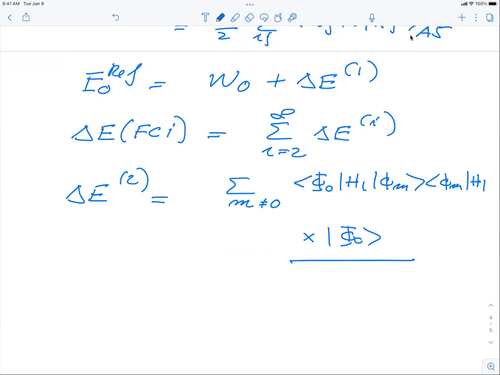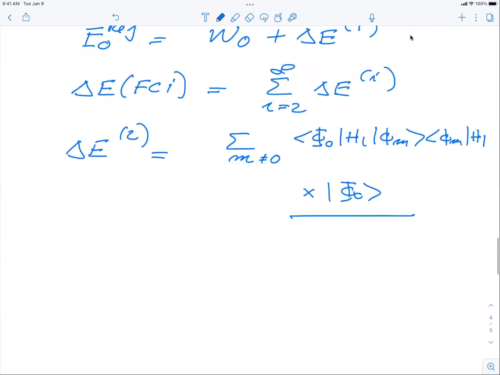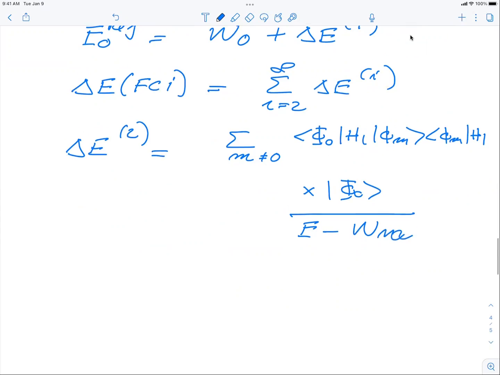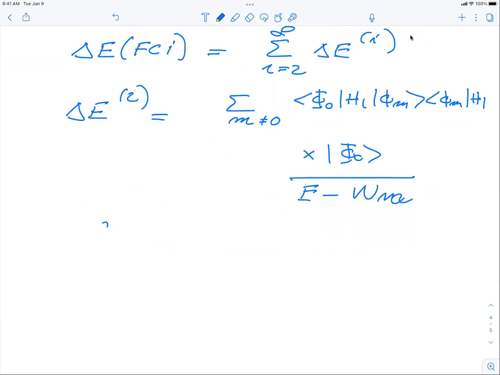And this energy denominator, let me just write it out here. So this contains E minus the energy of Wm. So how do we get that one? What we had originally is this quantity here of E minus H0.